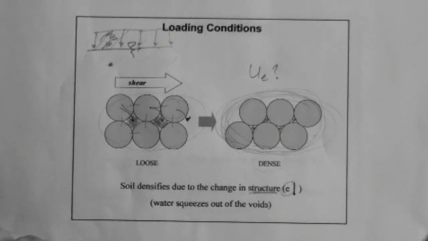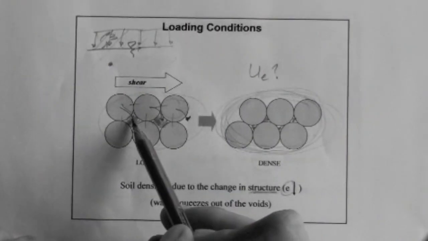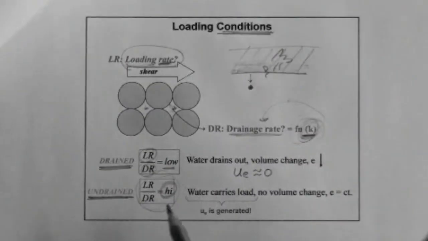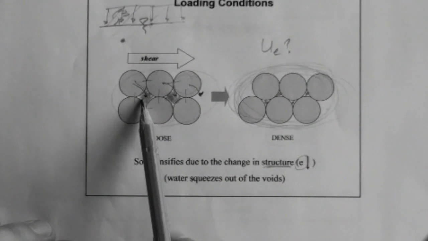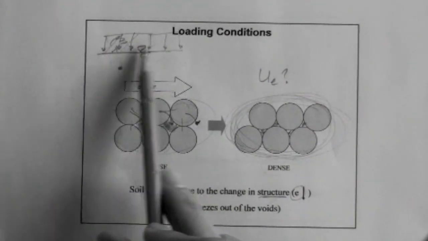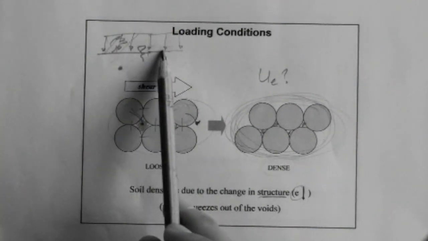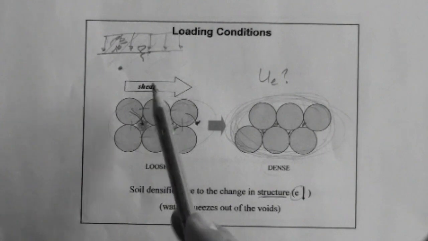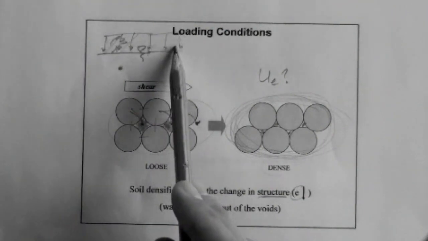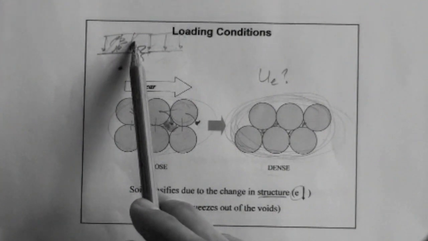And it's kind of weird to say it, but when the loading is imposed in an undrained condition, in which this ratio is high, then the water inside the pores is the system element that is carrying the load. The particles don't even know that that load is being placed. The water carries it, carries the whole layer. The water inside the pores carries the whole layer that you have placed here initially.